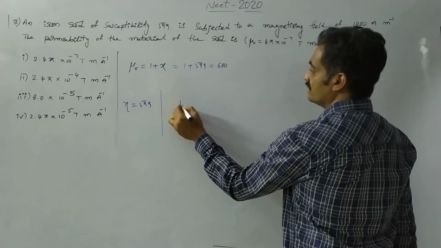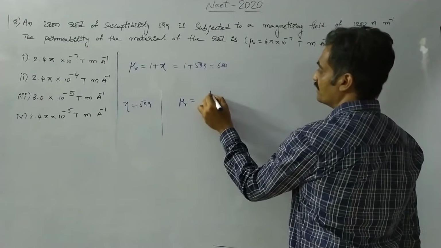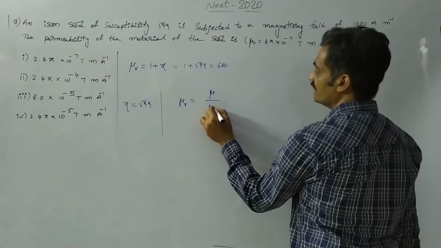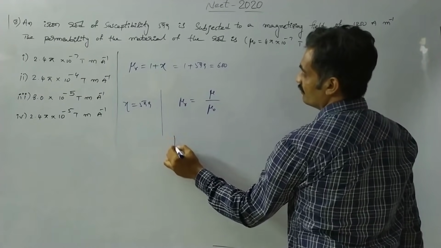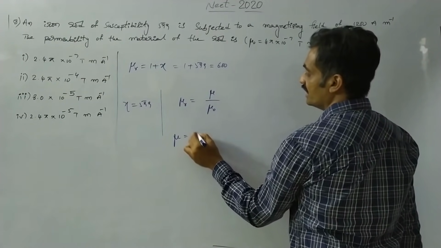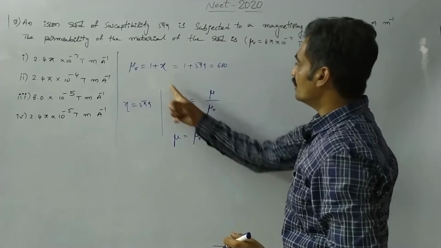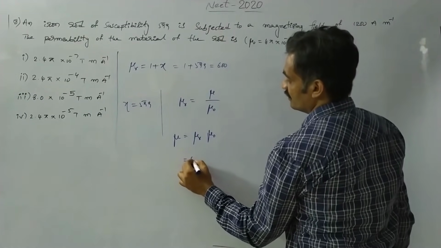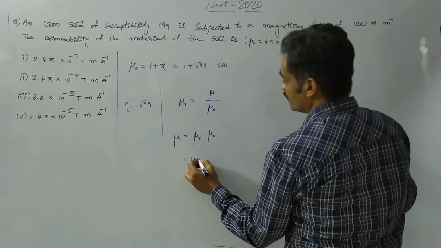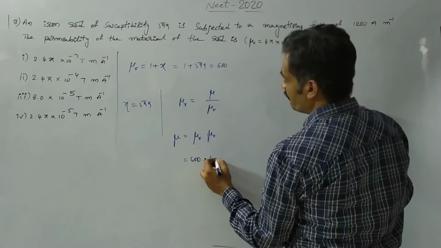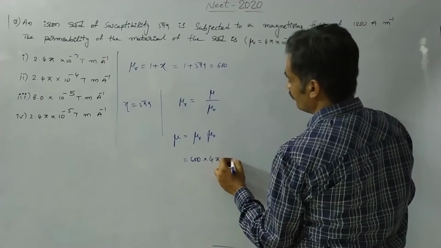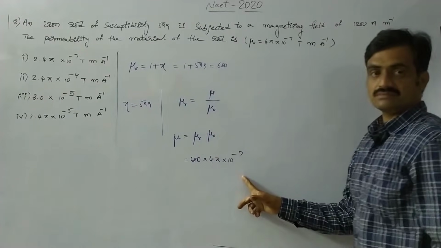From this we know that relative permeability equals permeability in the medium by permeability in free space. Then permeability in the medium equals relative permeability into permeability in free space, where mu r equals 600 and mu naught equals 4 pi into 10 to the power of minus 7.